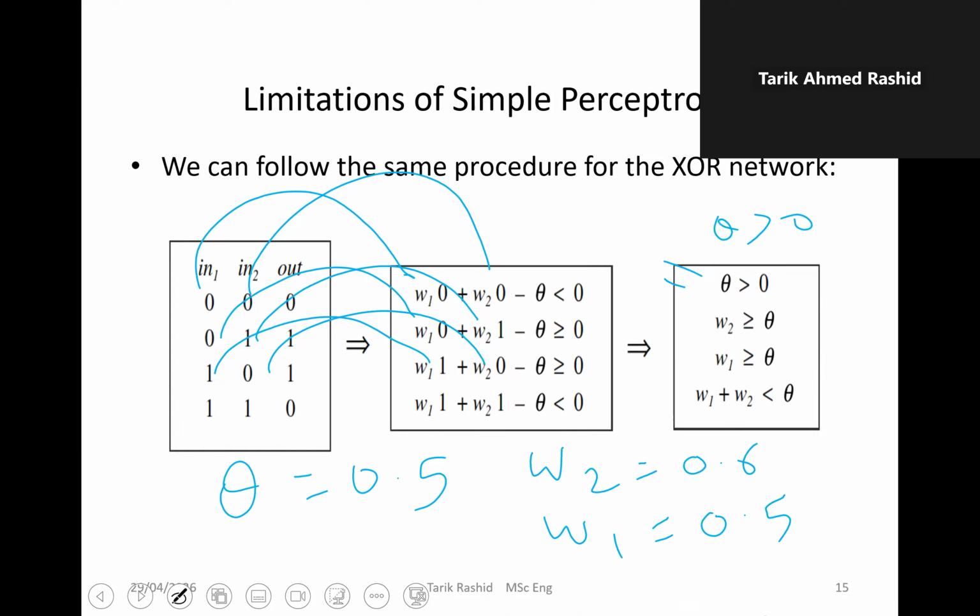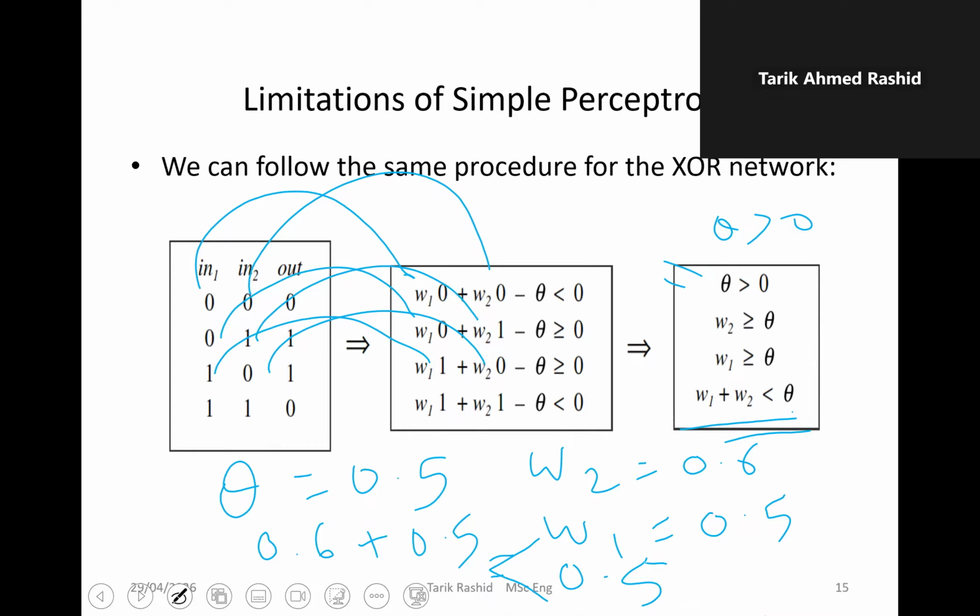Now, let's see this equation. W1 plus W2, so it is 0.6 plus 0.5, W2 is 0.6, W1 is 0.5, and it should be smaller than theta, which is 0.5.